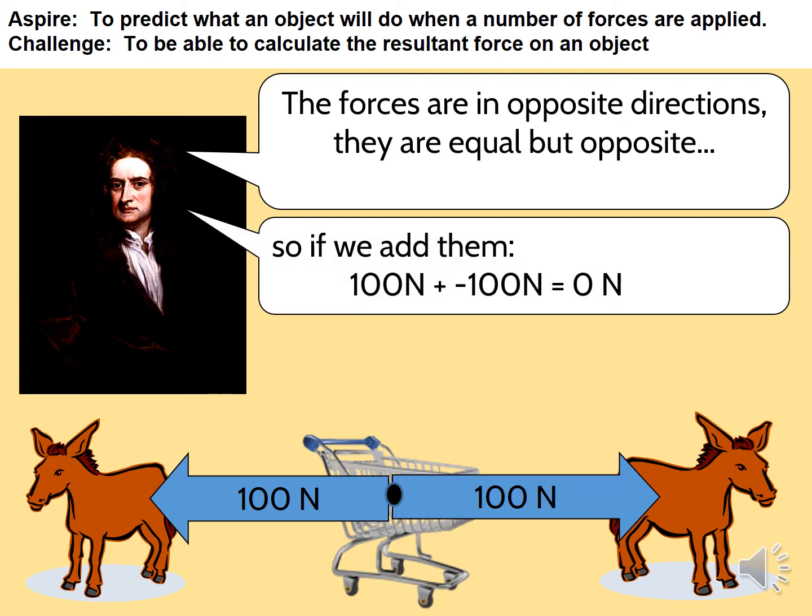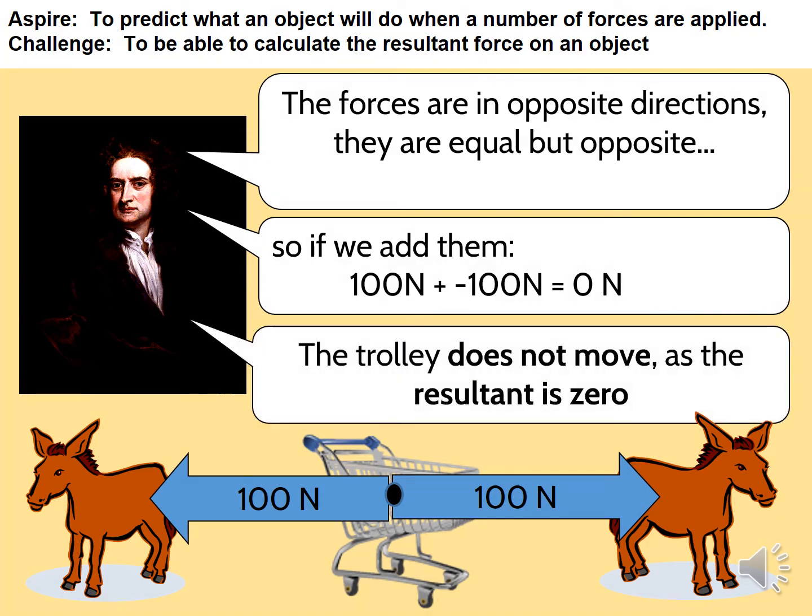So if we add them together, we've got 100 newtons acting in one direction, and we are going to subtract 100 newtons in the other direction, which gives us an overall answer of 0 newtons. The trolley does not move as the resultant is 0. Now I hope that's clear. If you need to put that in your notes, then pause the presentation to do that now, but I would rather move to the next example.